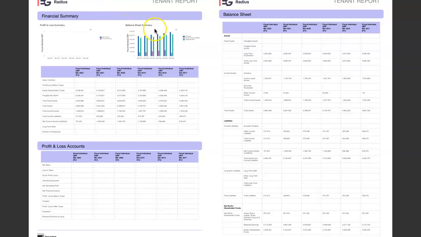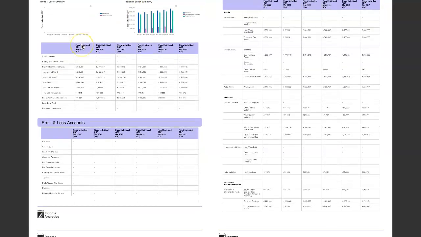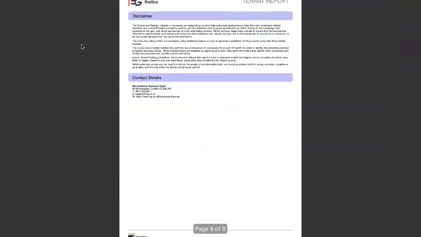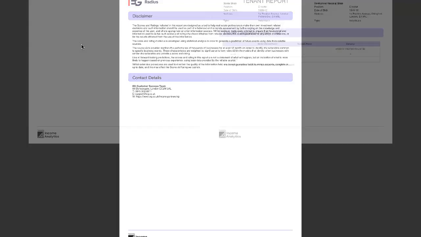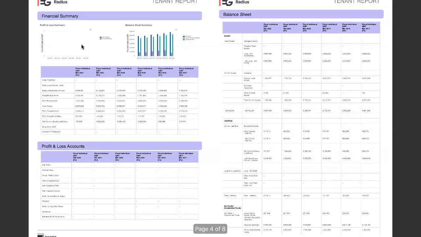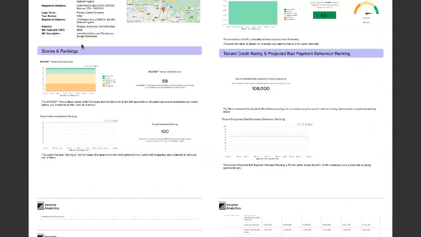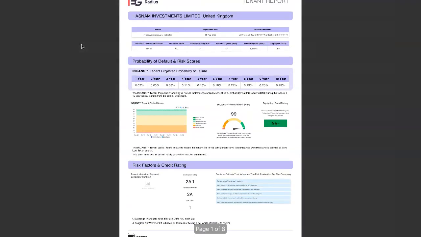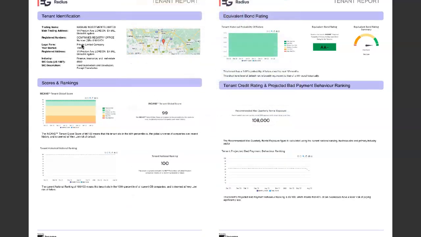They've produced a balance sheet summary, and they've gone into great detail about this particular company and its directors, and also the tenants. It enables us to build a picture of just what the portfolio is worth and how much time we should spend on evaluating it.